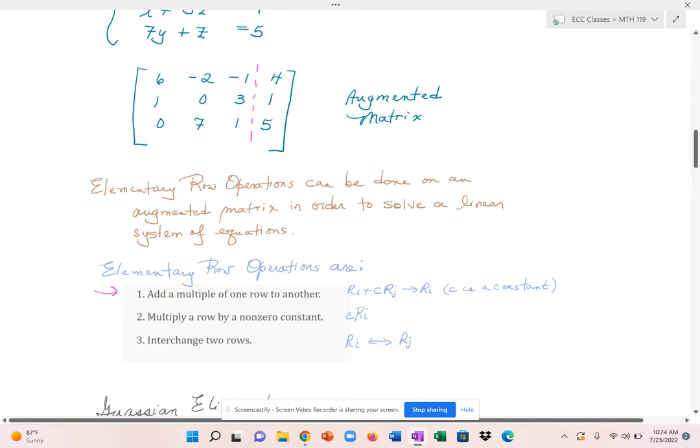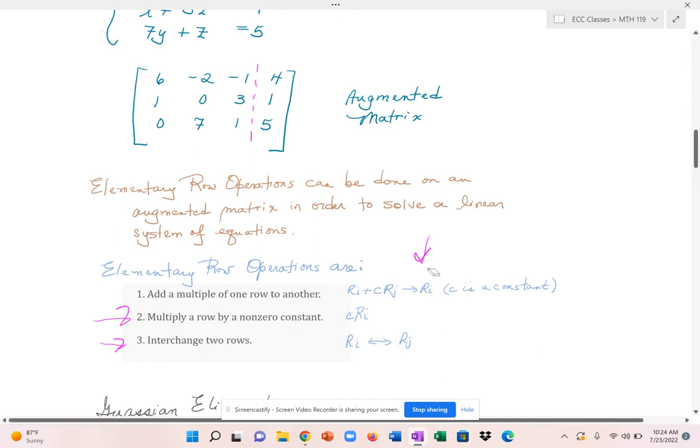Another possibility would be to just multiply a row by a constant. And then you could interchange or switch the order of two rows. So row i, switch row i and row j. So that will be the notation that's used to describe the elementary row operation that we're doing.